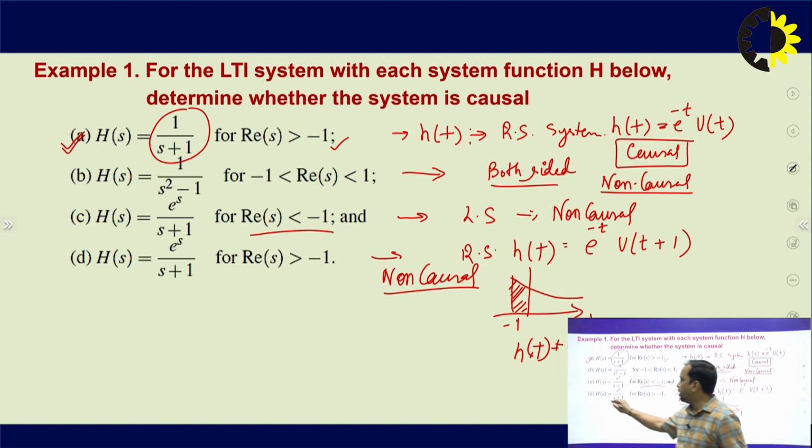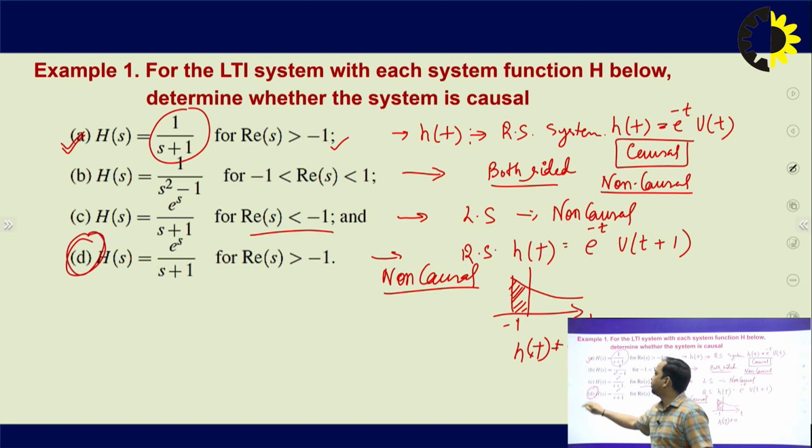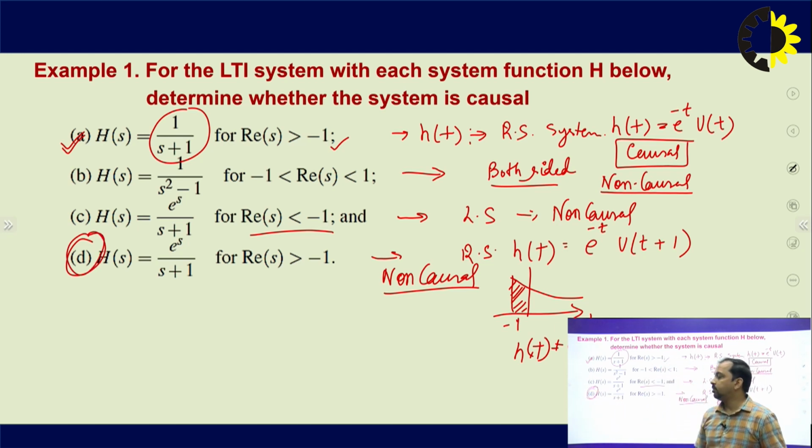Part A and part D both have the same ROC, but by seeing the ROC directly we cannot comment whether the system is causal or not, because a right-sided ROC does not guarantee that the system is right sided. So only the first is causal, and the remaining B, C, D are non-causal cases.